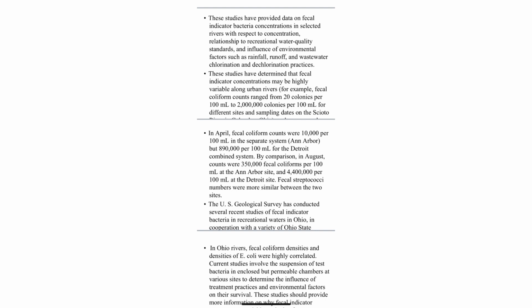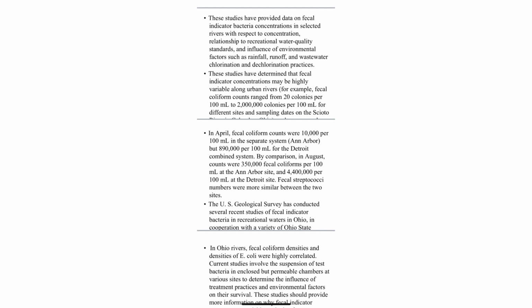So, a different scenario you see here. In April, the fecal coliform count is a big changer: 10,000 per 100 ml in a separate system, and 8,90,000 per 100 ml in Detroit's combined system. So now you see a drastic level of changes, where fecal streptococci numbers are very, very high.